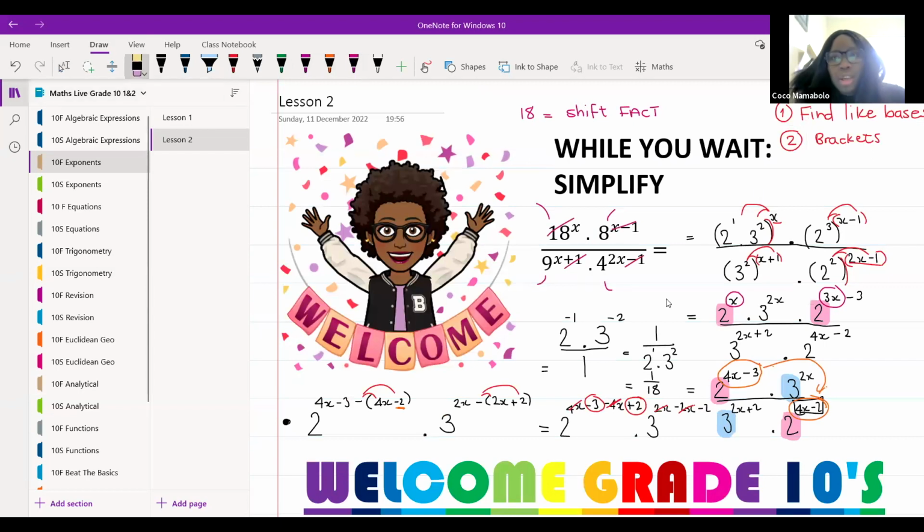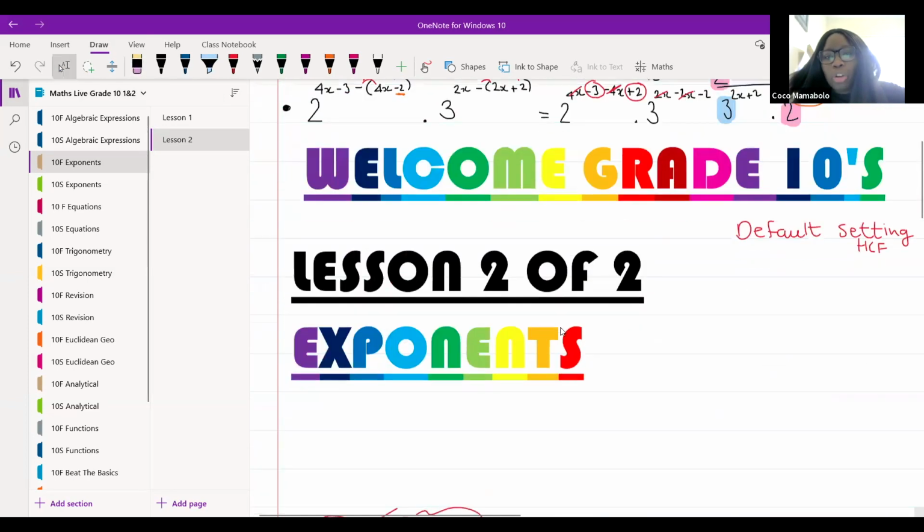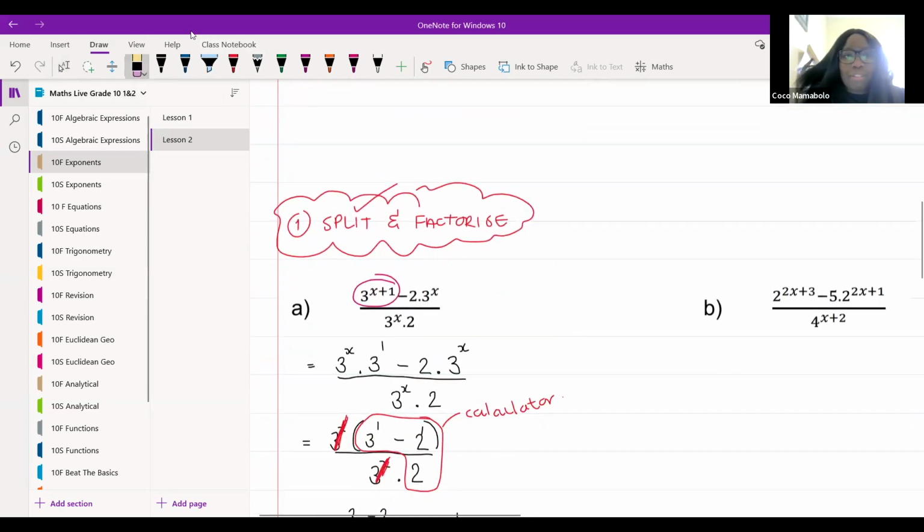But over here, because in my fraction I have a minus or a plus in between, I first have to factorize and then cancel. Are you with me? Oh yeah, I see it now.